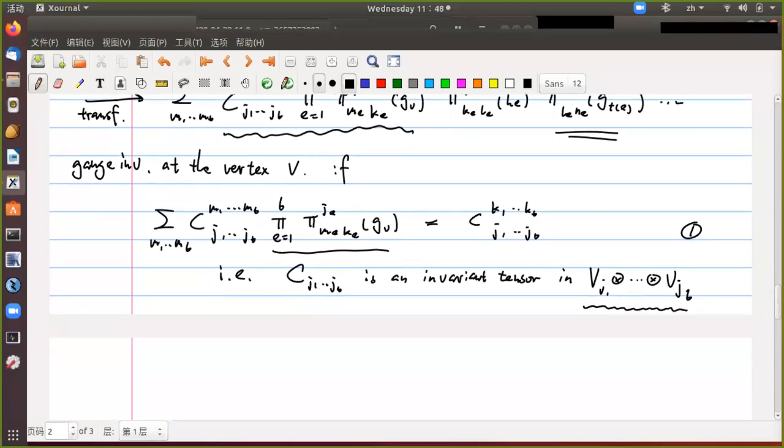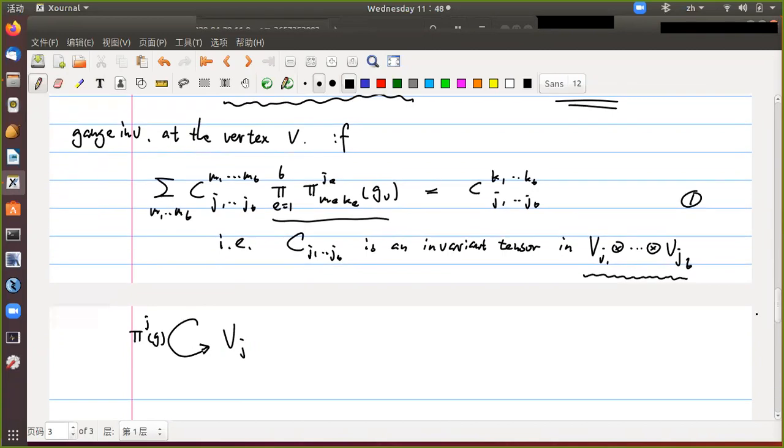How to see it? It is a tensor product representation. At every Hilbert space Vj, you have a representation. So this operator acts on Vj, and then the tensor product representation is Vj1 tensor up to Vj6.